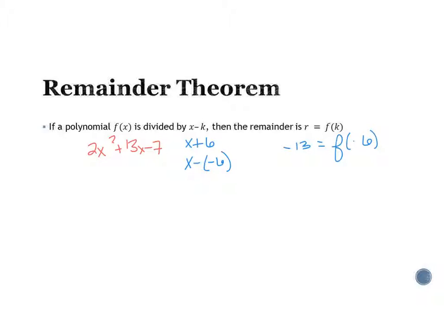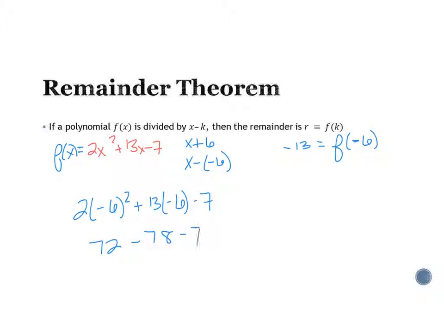of negative 6. If this is f of x, I put in a negative 6 for both x's, so I have 2 times negative 6 squared plus 13 times negative 6 minus 7. Negative 6 squared is 36, times 2 is 72, and then 13 times negative 6 is minus 78, minus 7.